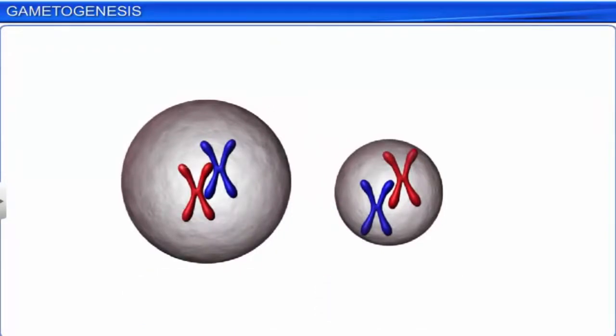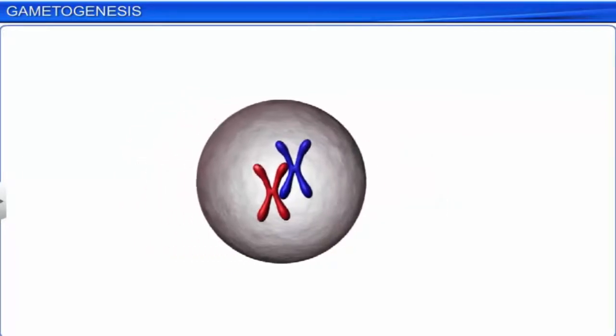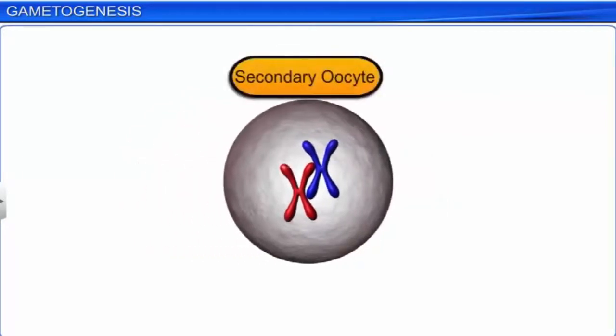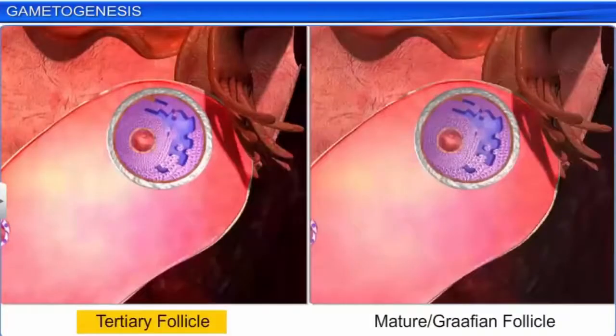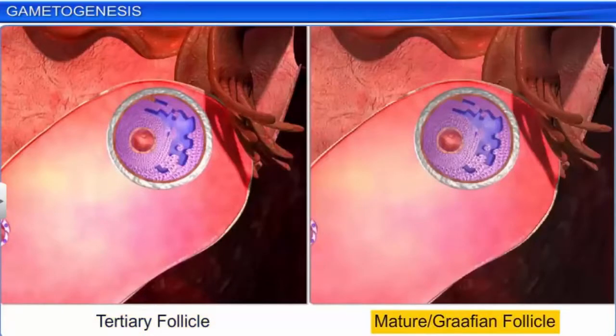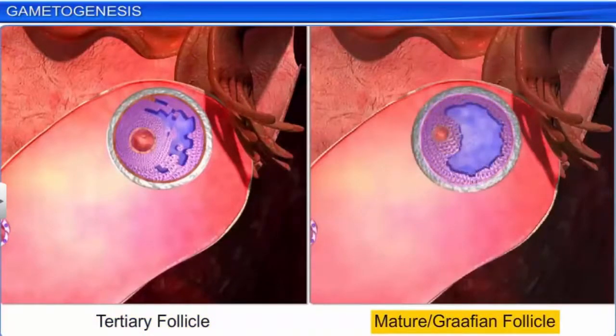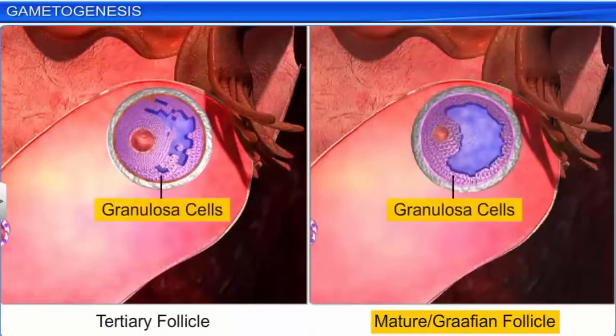The polar body is believed to degenerate, leaving the tertiary follicle with only the secondary oocyte or ovum. As the tertiary follicle develops into a mature follicle or Graafian follicle, the antrum grows and the secondary oocyte and surrounding granulosa cells are pushed towards one end of the follicle.